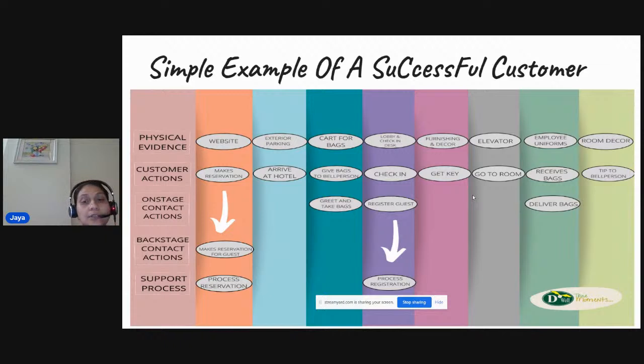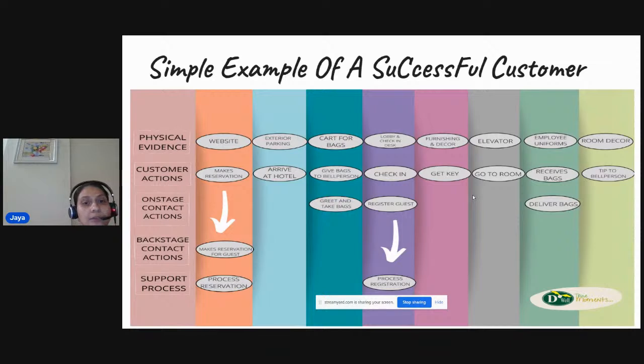When you are satisfied with all the physical evidence on the website and you are clear that the hotel is good for your vacation, then you take the second action of reservation. Then you arrive at the hotel, take a key, enter your room, and give a tip to the bell person.